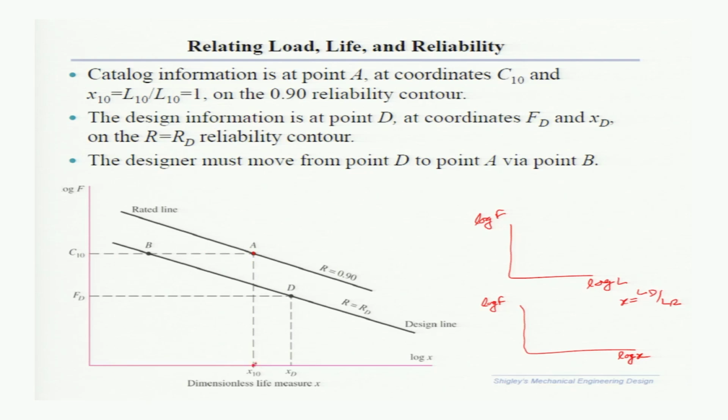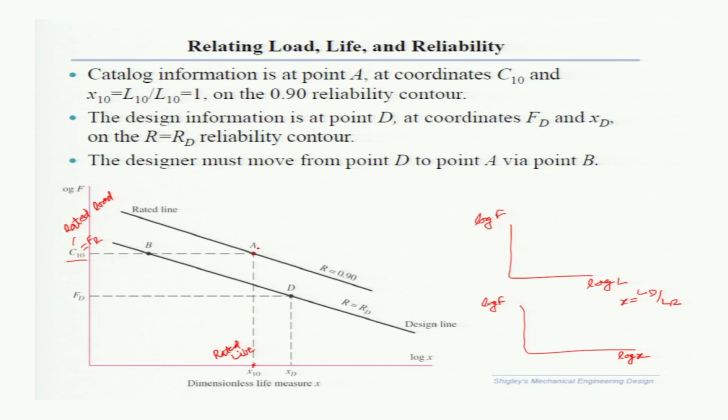This will be the rated life, and this A corresponds to the rated load. And the rated load is the dynamic load capacity, and that is C10. So, this F rated is C10.